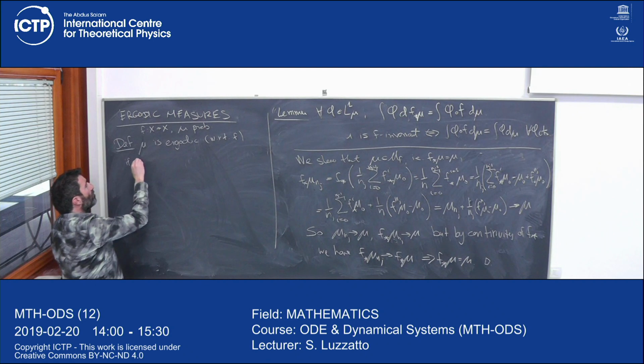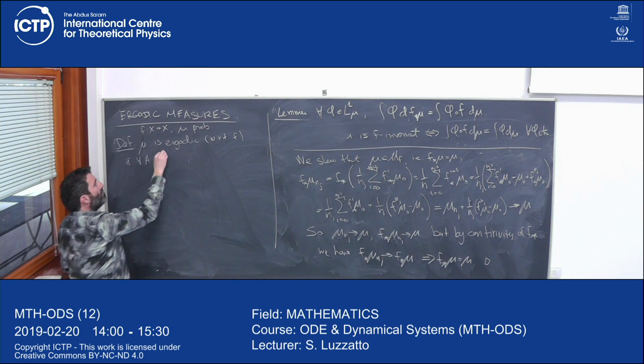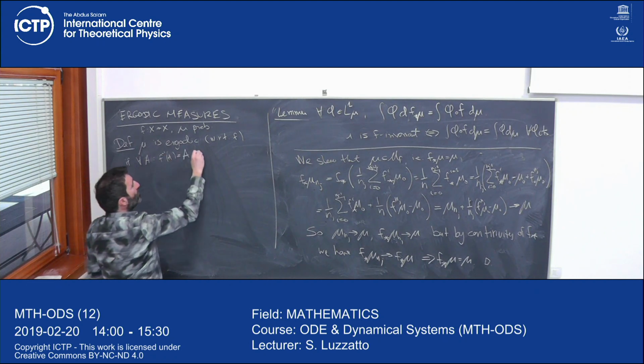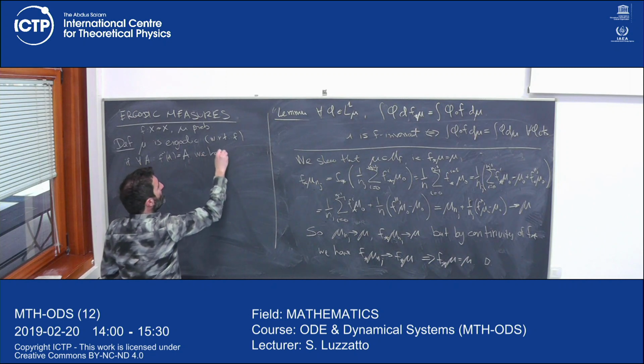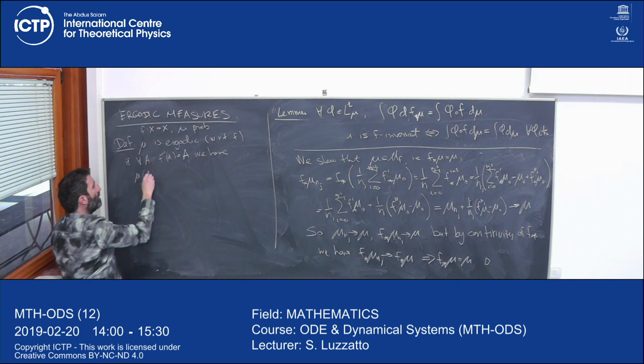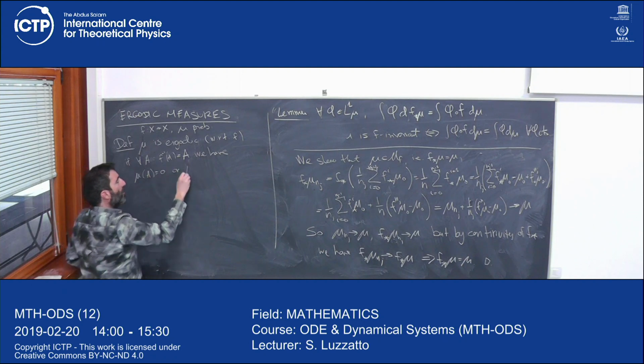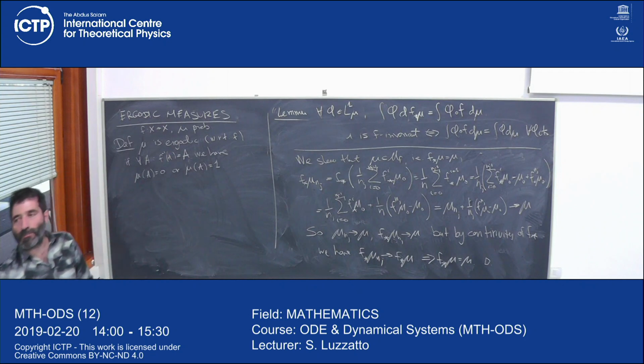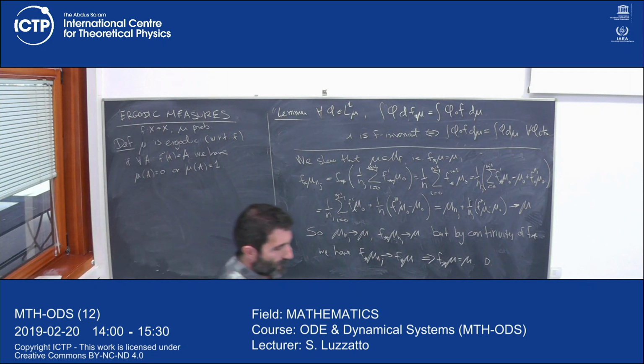If for all A such that f minus 1 of A equals A, we have that mu of A equals 0 or mu of A equals 1. So we will give several examples and think about what this means exactly.